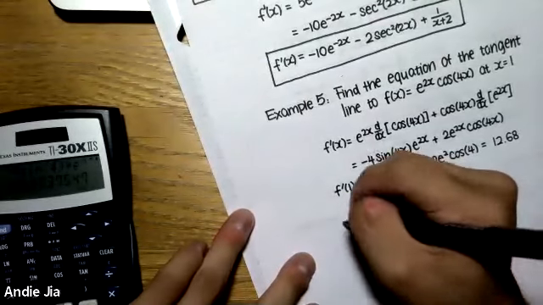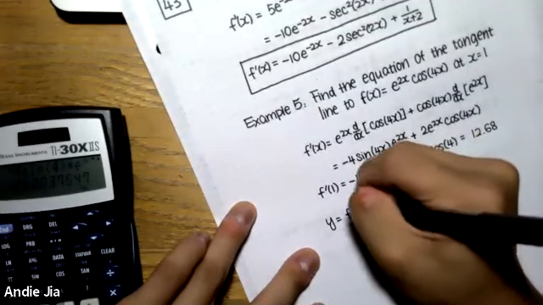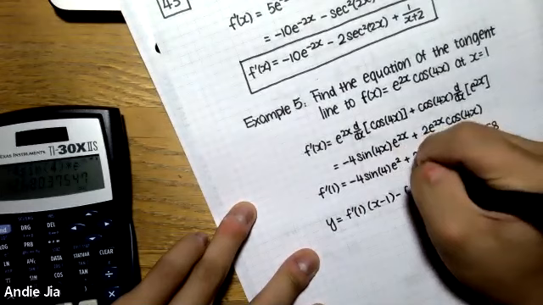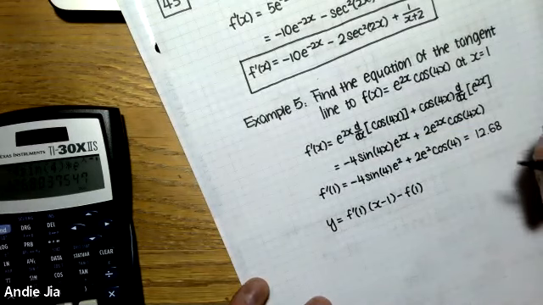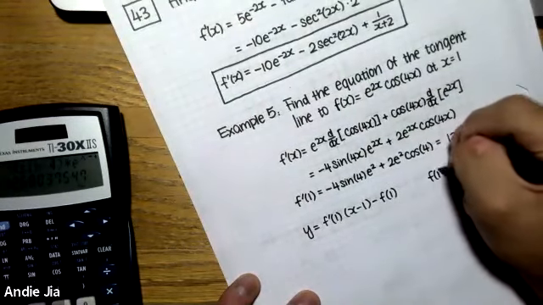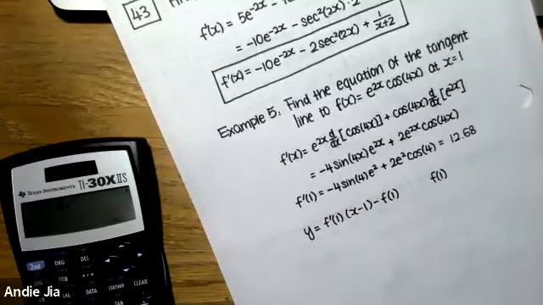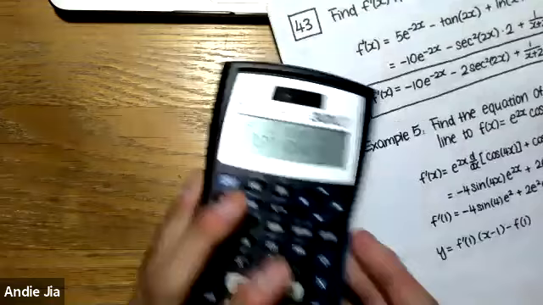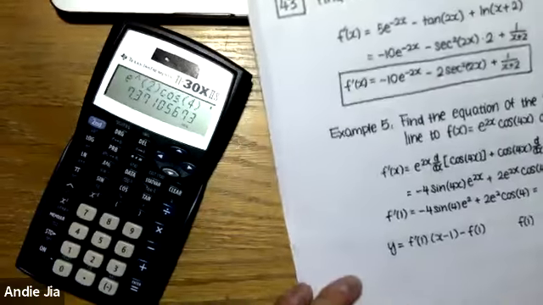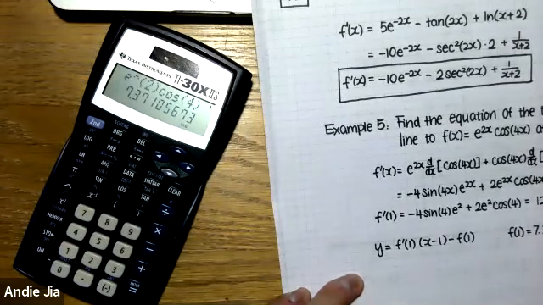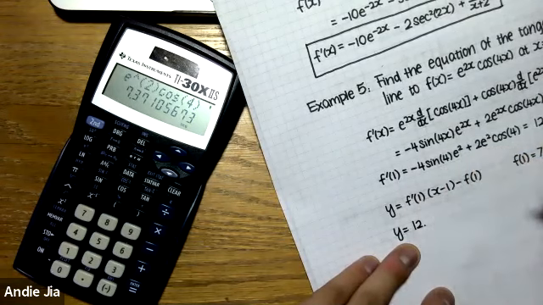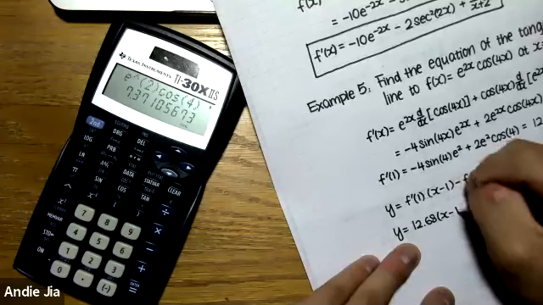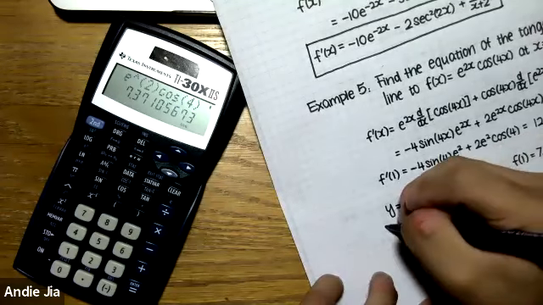So the equation is, we need f of 1, a quick computation, that is e squared times cosine 4, 7.37. And we have that's it.